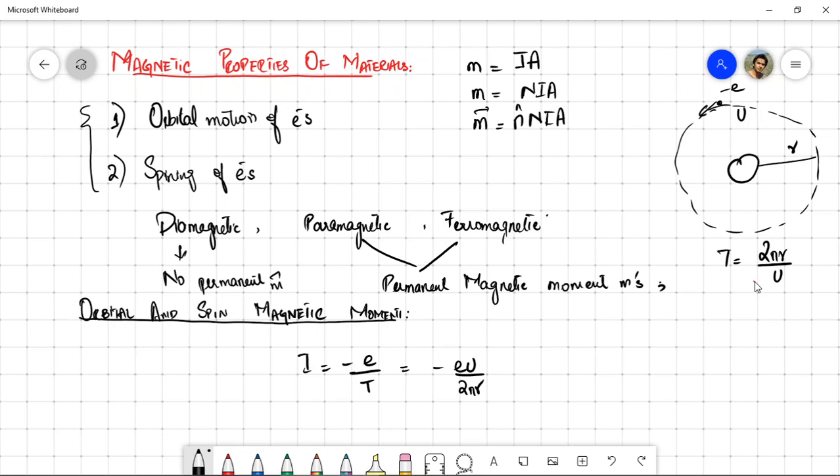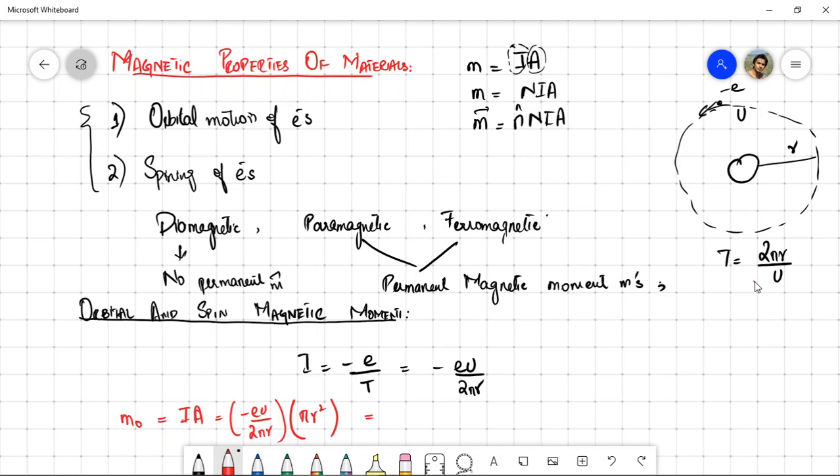Why are we calculating the value of I? Because we need to find the value of the magnetic moment, and in order to calculate it we need to know the value of I, and we need to know the value of A too. So I is equal to minus eu over 2 pi r, and the magnetic moment is going to be IA. We put the value of I, minus eu divided by 2 pi r, and the value of A, which is pi r squared in this case.